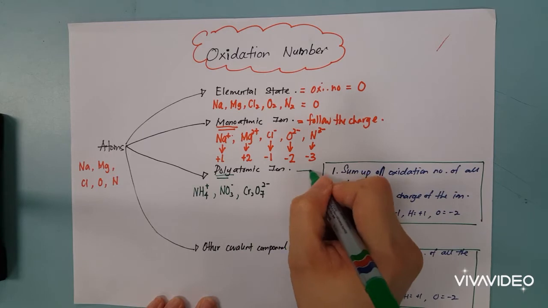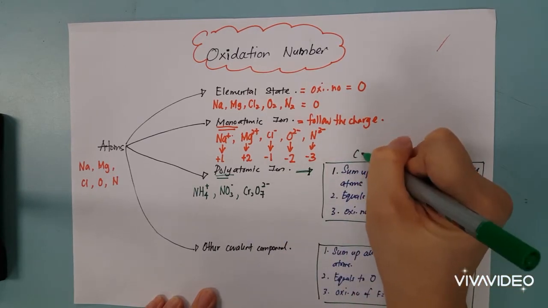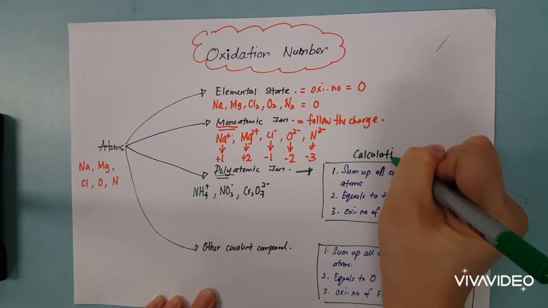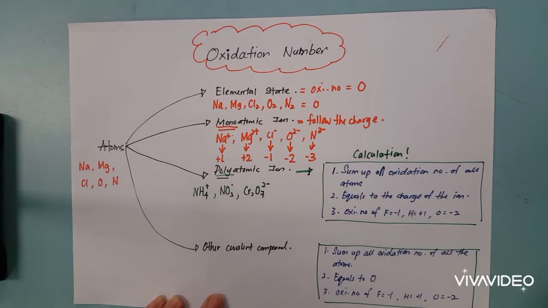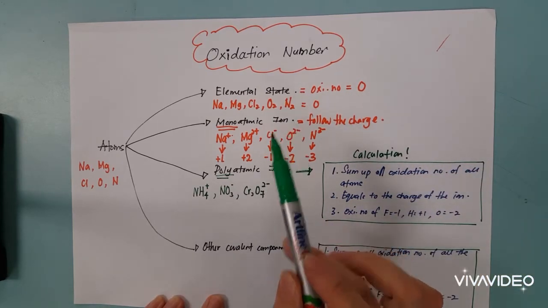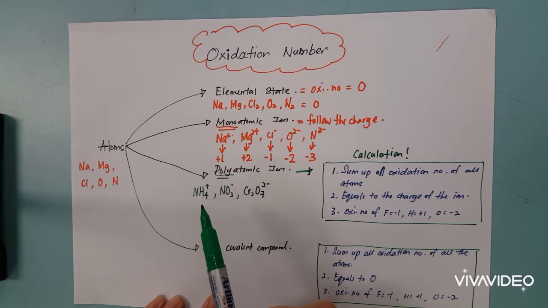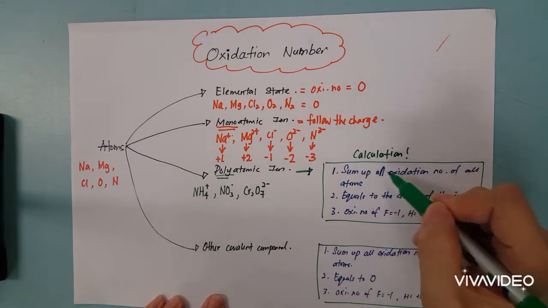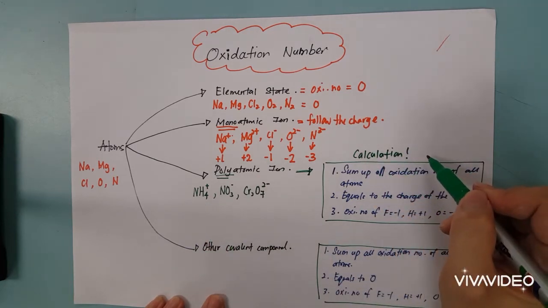Now to do this, you have to solve using calculation. To find the oxidation number of a particular atom in a polyatomic ion, you have to solve through a simple calculation.